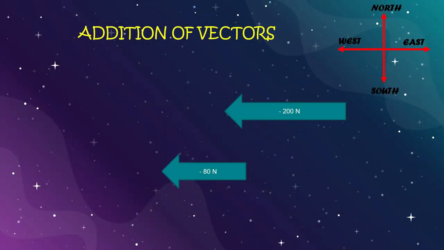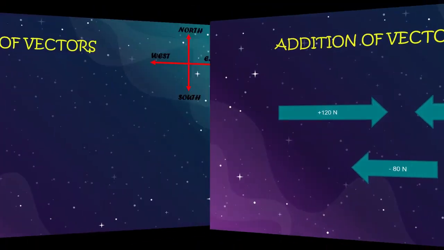Similarly, if two vectors are moving in opposite directions to each other and one is positive, another one is negative, then the resultant will be 120 minus 200, that is minus 80 newtons. The higher force is going towards west, so the resultant vector will also move towards the west direction.